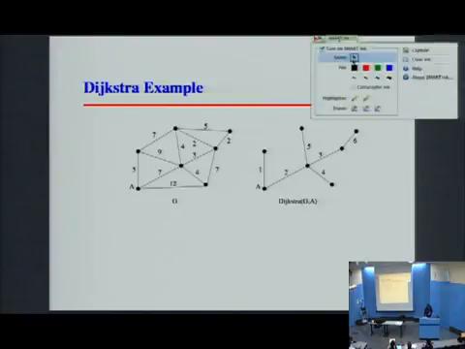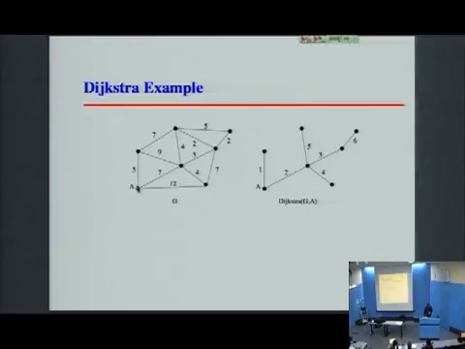Here is a vertex in the graph. If we look at the shortest path from our start vertex to every other vertex, that is going to define a tree. Let's think about this for a second, okay?